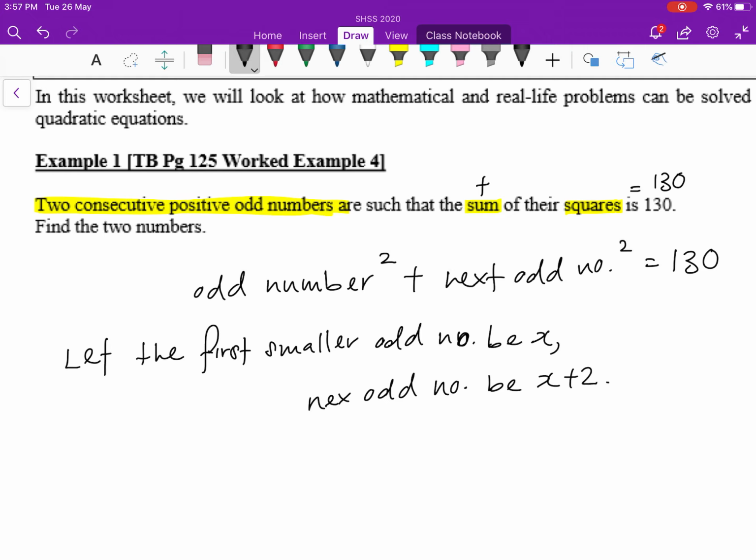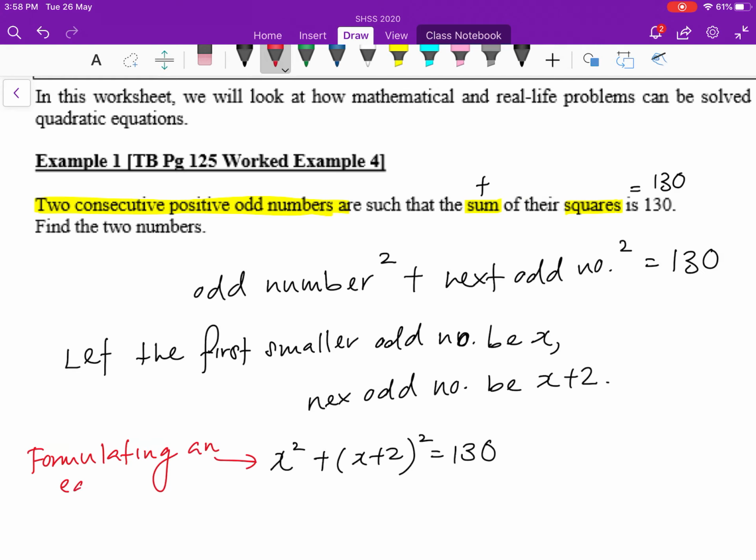It wouldn't be x plus 1 because x plus 1, odd, even. So the next number will be even. So the next odd number will be x plus 2. So we know the first odd number, if you square it, plus the next odd number, if you square it, will give us 130. See, what you're actually doing here is you are formulating an equation.